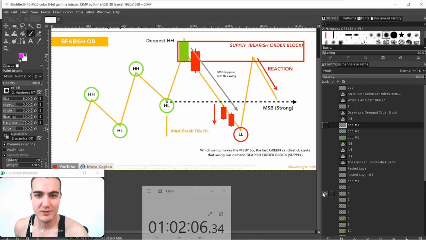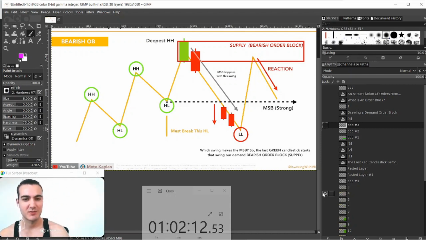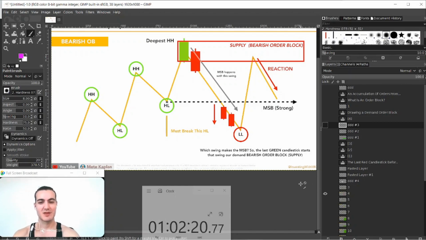Okay, and I'm not going to include this slide in my notes because it's just the inverse of the bullish order block, the bearish order block. The same basic concept.